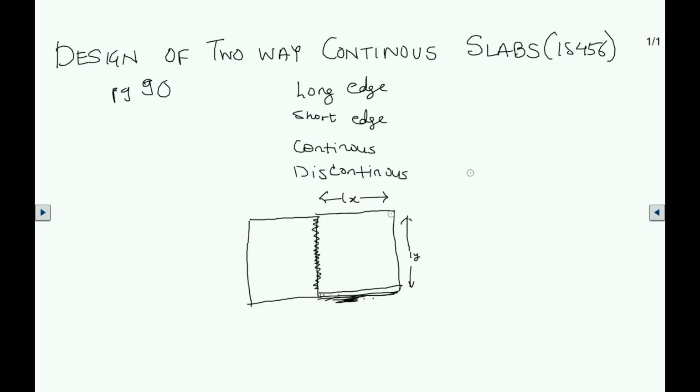Suppose there was a slab over here also, then it would be considered a continuous edge. Similarly, if there was a slab over here, this edge would be considered a continuous edge. So it can be short edge continuous or long edge continuous, or short edge discontinuous and long edge discontinuous. You need to keep this in mind before calculating alpha x and alpha y.